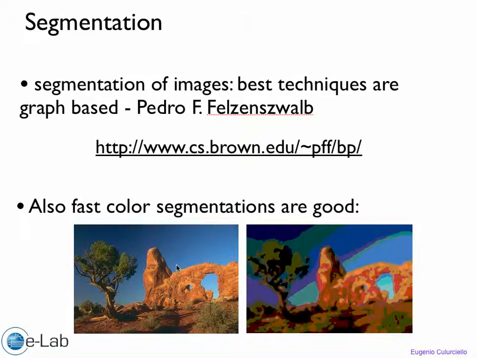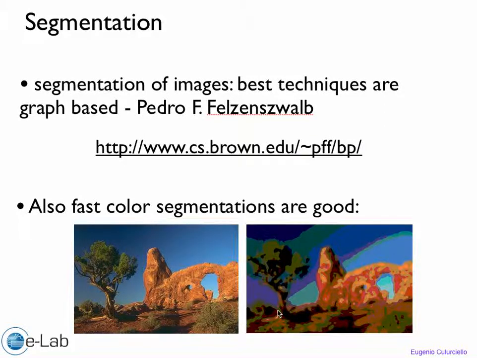But basically it always looks at local information. Is one pixel likely to be close to the other if it's fairly similar in RGB space? But in a case like this, you cannot, for example, combine the whole tree, trunk and foliage, because they look quite different. Some people might say, well, those are two separate objects, there's the trunk and the foliage. But some people might think that they should be combined together.